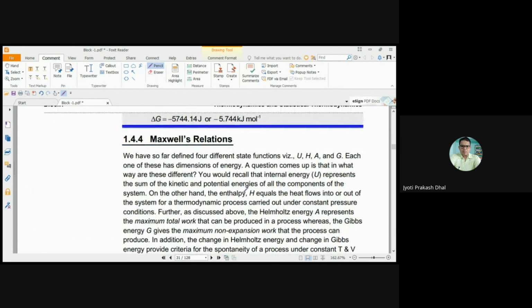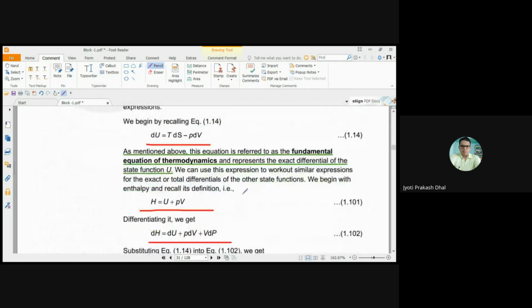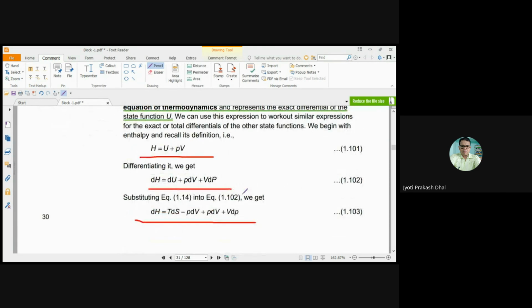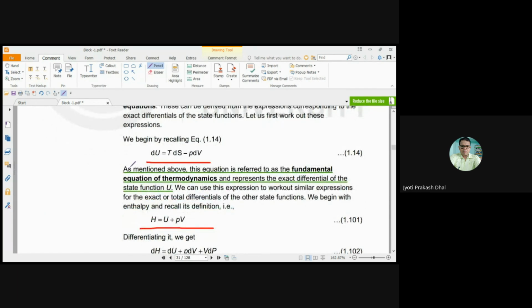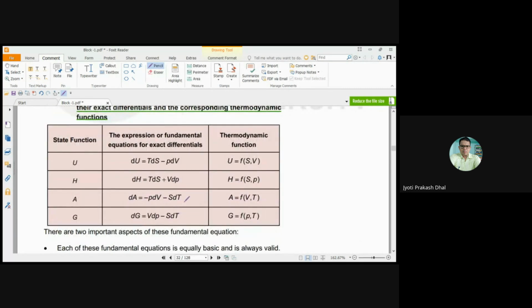Now the next one is Maxwell's relationship. The Maxwell's relationships are partial differential equations. They will be derived from four different thermodynamic equations, based upon internal energy, enthalpy, Helmholtz energy, and Gibbs energy.